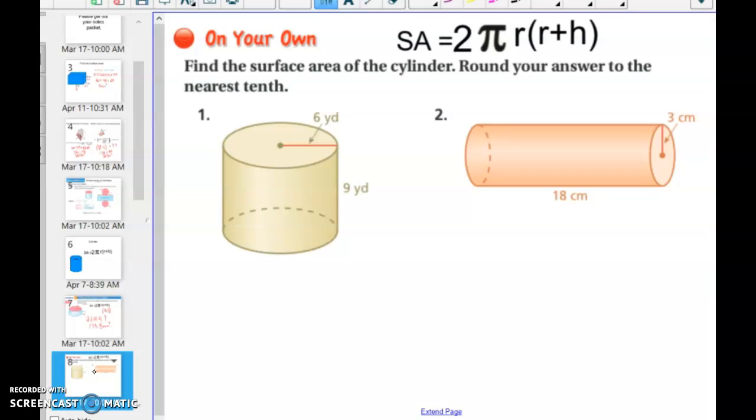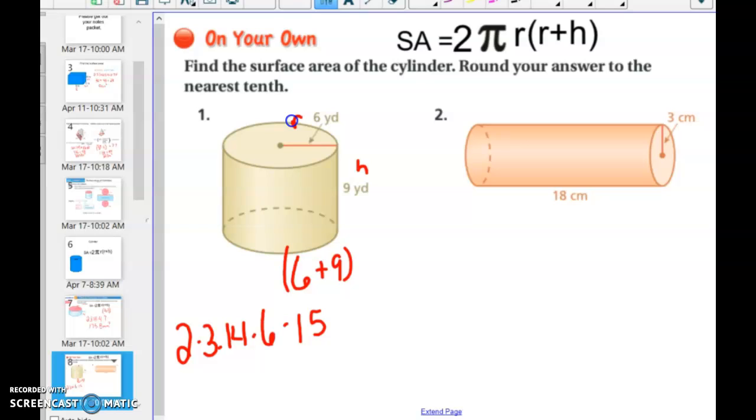Alright, to try these two, we have a radius, we have a height. I'm going to add 6 plus 9, which is going to give me 15. Then I'm going to do 2 times 3.14 times my radius times 15.